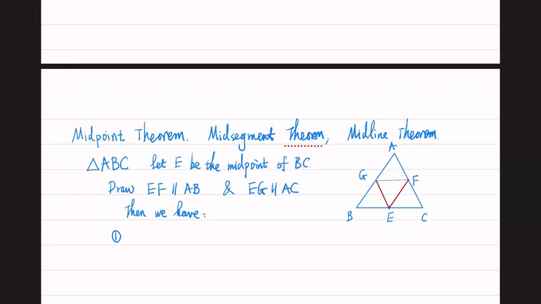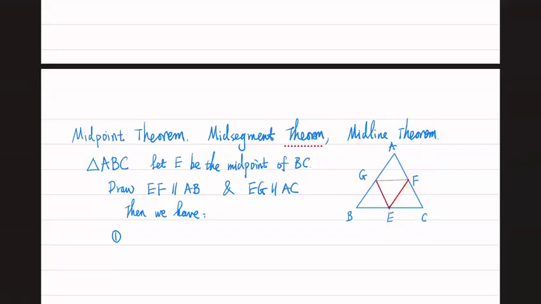Okay. So initially, we only know that E is the midpoint. This line is parallel. We don't know if F is the midpoint yet. We don't know if G is the midpoint.